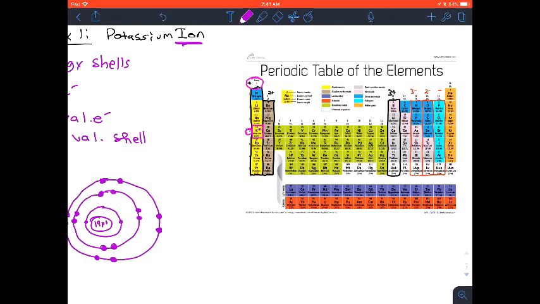But in this case, we're going to remove that electron, and we have to go back to the configuration of the previous element. So instead of being potassium here, it's going to wind up looking like argon because we lost our valence shell and we have to move back a row.